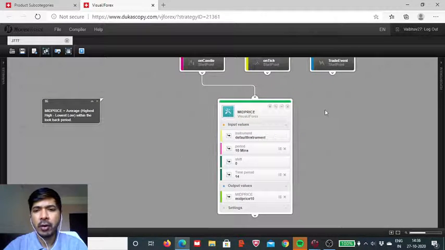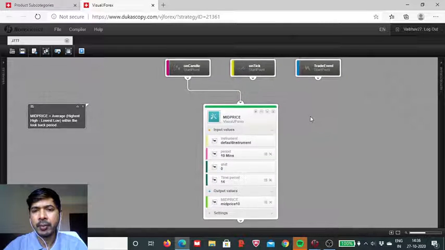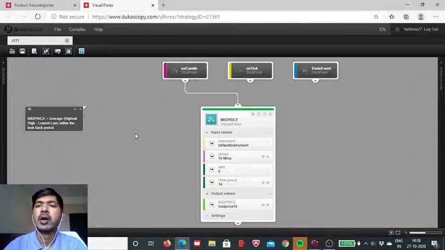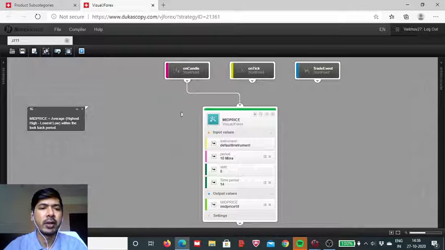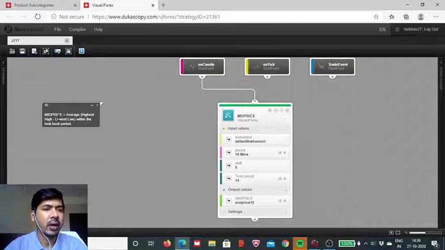Now here I have included this mid price indicator on this Visual JForex board developed by the Dukascopy Bank SA. We are using the on candle as our start point for today's setup, and here is the formula. The mid price is simply the average of the highest high and the lowest low within the look back period.